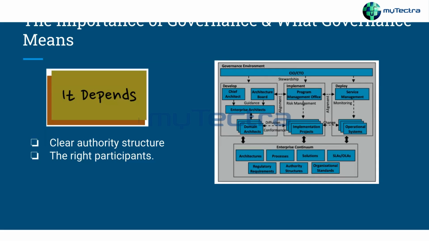There are a few things. The enterprise architecture team comprises three things: you'll have a chief architect, an enterprise architect, and domain architects. It's a mix of these three. Domain architects work under the enterprise architecture team.